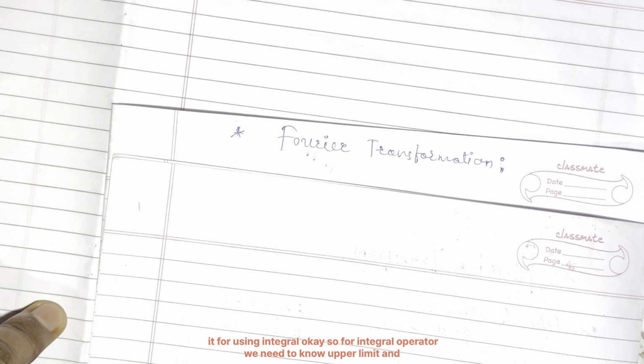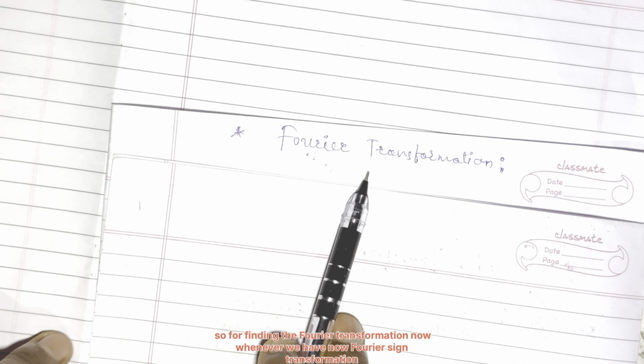We define the Fourier transformation using an integral, so for the integral operator we need to know the upper limit and lower limit, as you learned in definite and indefinite integrals previously. For the Fourier sine transformation and cosine transformation we take some selected interval, but the Fourier transformation can be defined for the entire interval, that means minus infinity to plus infinity.